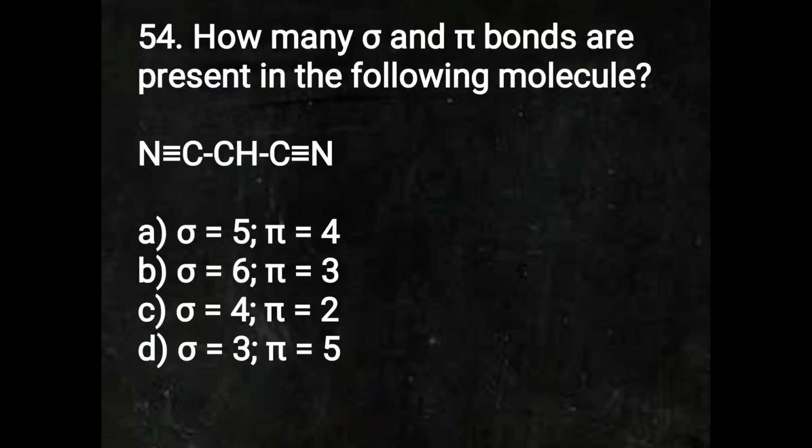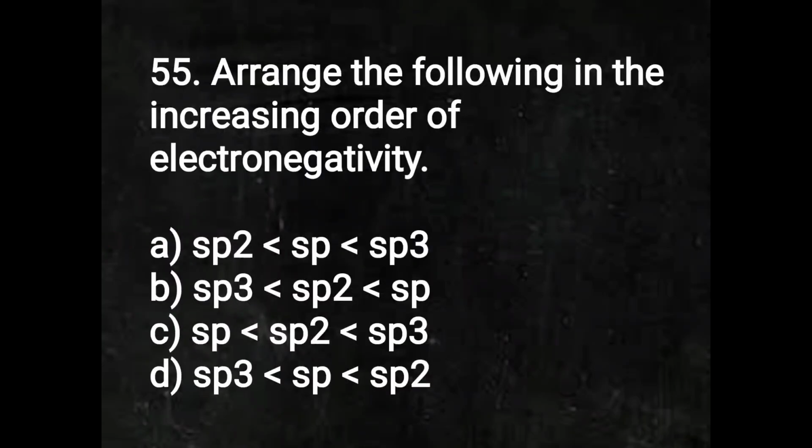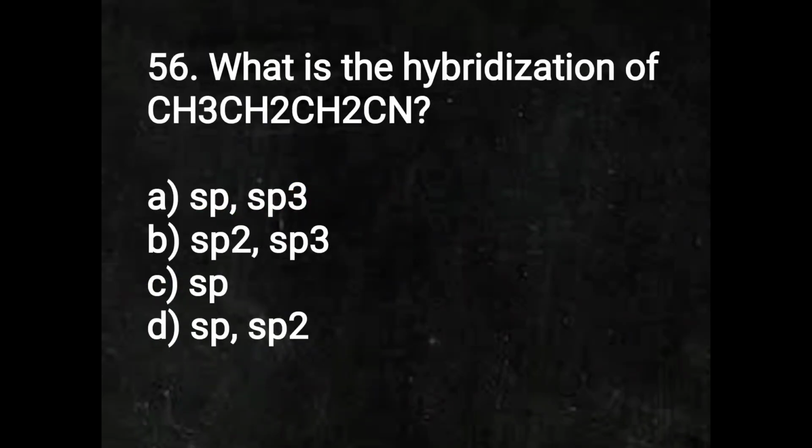How many sigma and pi bonds are present in the following molecule? Option A, sigma 5 and pi 4. Arrange the following in the increasing order of electronegativity. Option B is the right option.